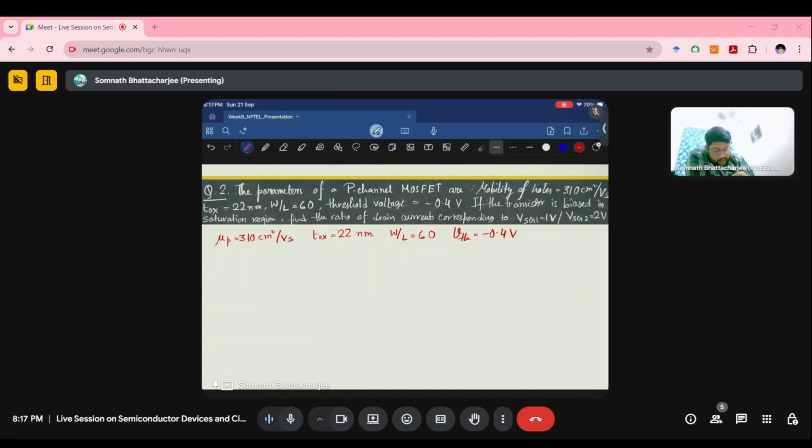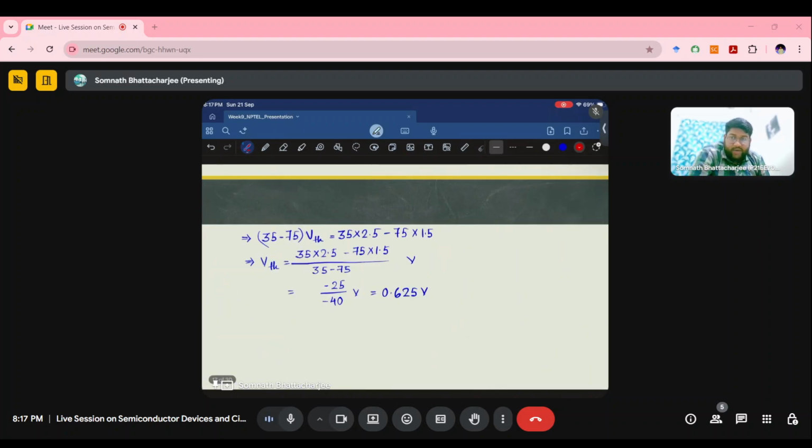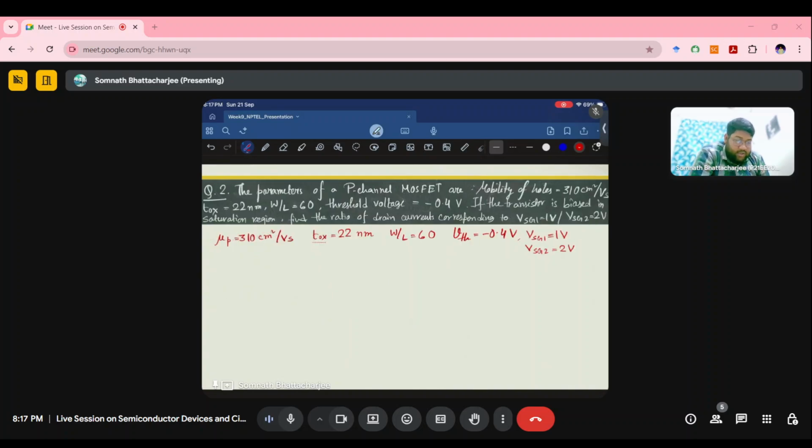Now we have to find the ratio of the drain currents when VSG1 is 1 volt, or VGS is minus 1 volt, and VSG2 is 2 volts, or minus 2 volts. It is the exact same ratio as in the previous one, ID1 and ID2, and we just put the values here. Let's take 5 minutes and try to solve this. It's also an easy one.